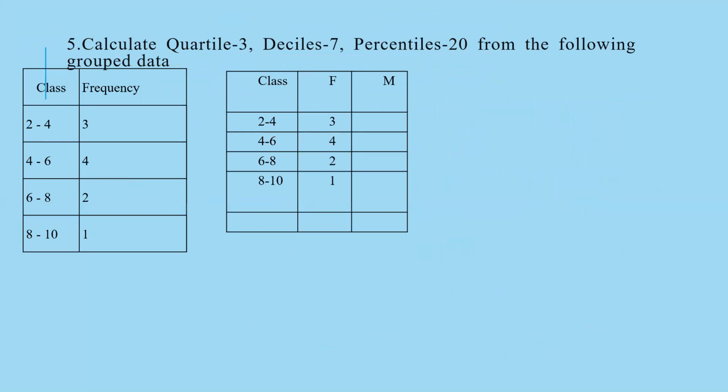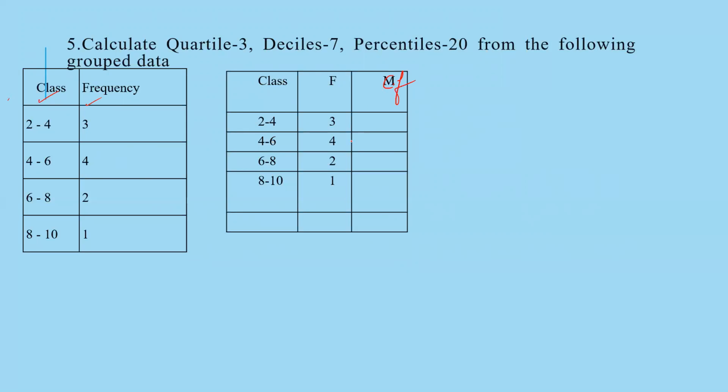Here you are being asked to calculate the quartile, the decile, Q3, D7, P20 from the following grouped frequency. What you have been given is the class and the corresponding frequency. So here, let's calculate the cumulative frequency first.